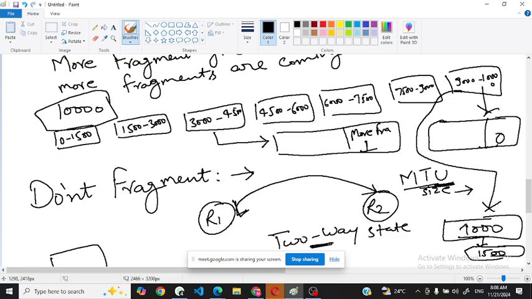So it will tell router 1 there is no need for fragmentation. Directly send it, because I can process 1500 bits and you are sending only 1000 bits.